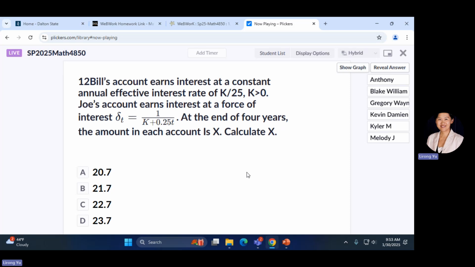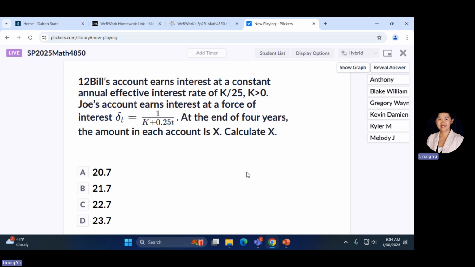All right, so that will follow through when you try to calculate the accumulation function. It's e to the natural log of what we have there. The natural log of this is K over K, so that's actually 1 plus 0.25 t over K, all to the power 4, so that's our accumulation function.